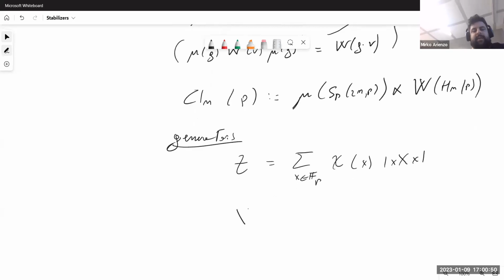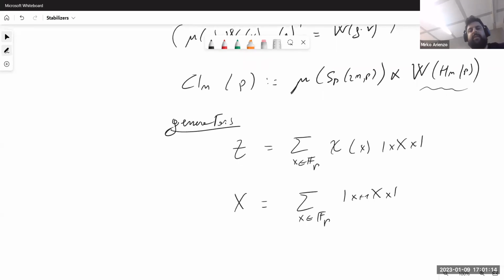And then we have the X operator, and in this case we have X plus 1 X. These are basically the generators for this side, of course under the action of W. And now the same could be done for the first factor. The idea is that one could just take the generators of the symplectic group and transform them with this map.